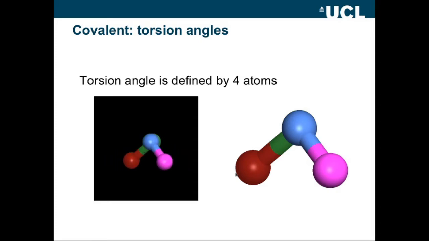Now the third type of force is the torsion angle or dihedral angle. So what you can see in the animation on the left is 4 atoms shown in red, green, blue and purple, and I'm rotating them about an axis between the 2 atoms in the middle.